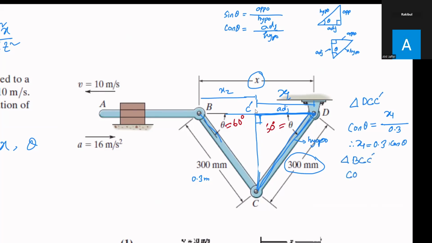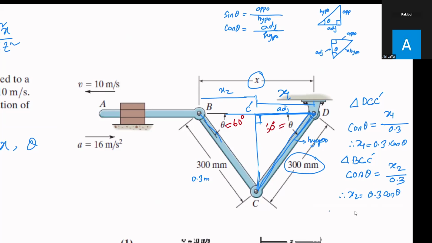So cos theta, because the theta is the same. So cos theta is equal to x2 over 0.3. Therefore, x2 equals 0.3 cos theta. Clear? Okay.